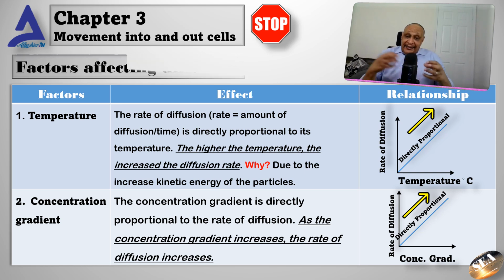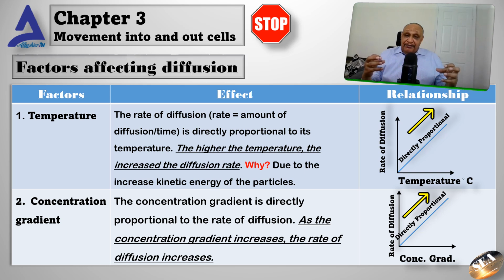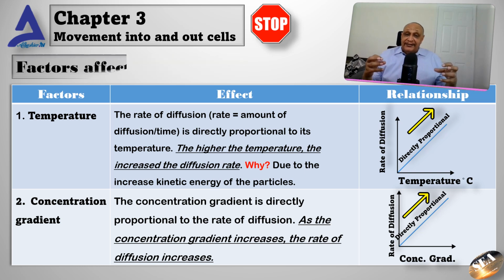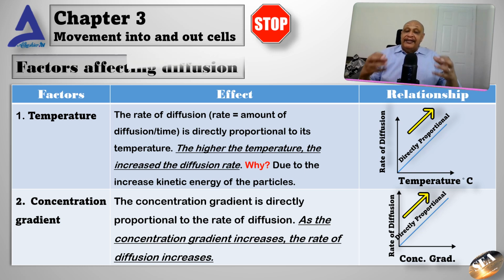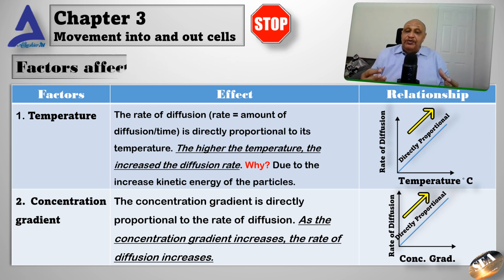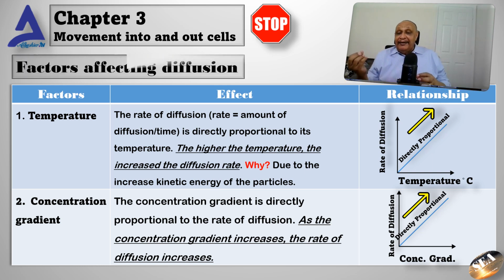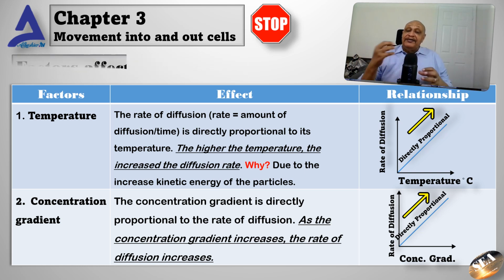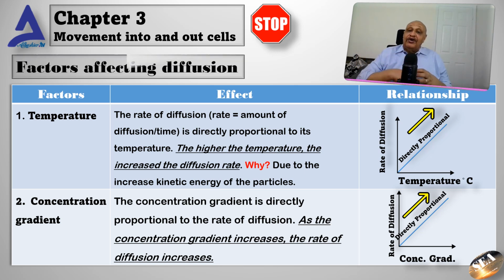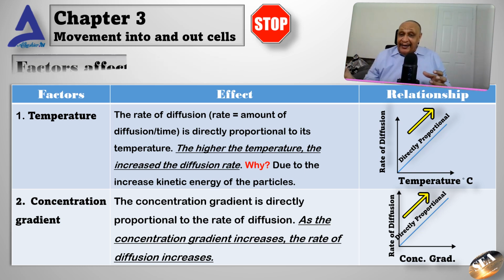When we heat it, we actually increase the spaces between the molecules or the particles. When we increase the spaces between the particles, we offer them more space to move. So when we increase the temperature of a substance, that means we are going to increase its energy. That means it's going to move faster. That means the diffusion rate is going to be high.